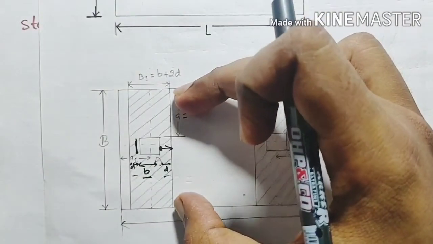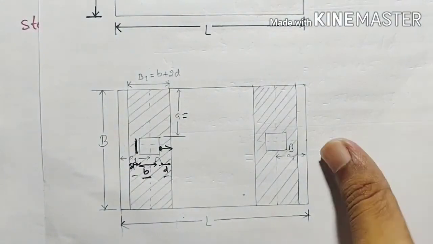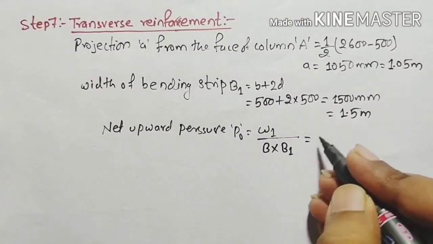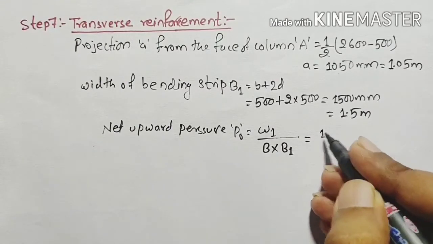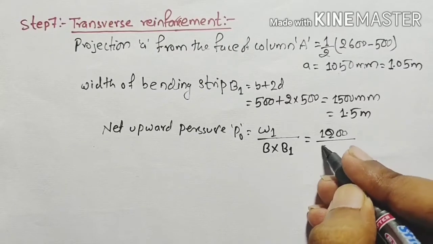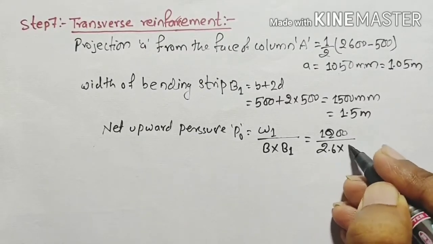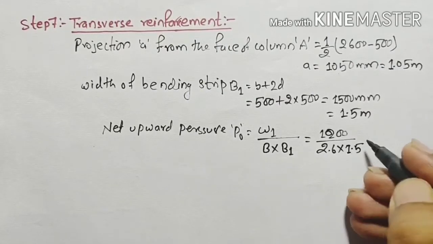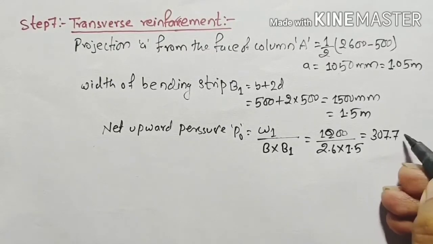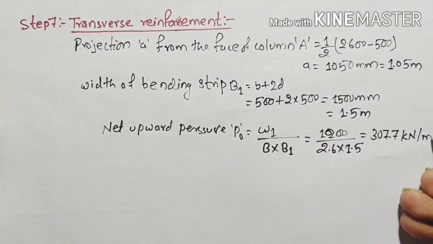Multiplying these gives the area of the bending strip. So with the loading on column A as 1200, B as 2.6 meter and B1 as 1.5 meter, we get P naught equals 307.7 kilonewton per meter square.